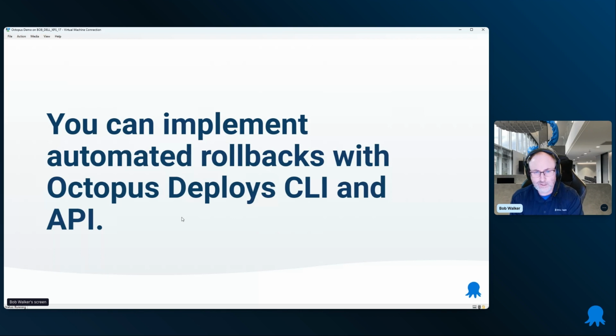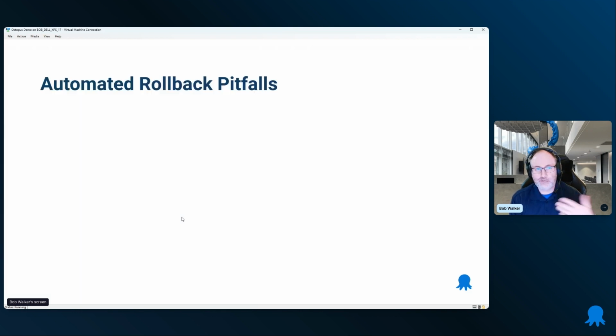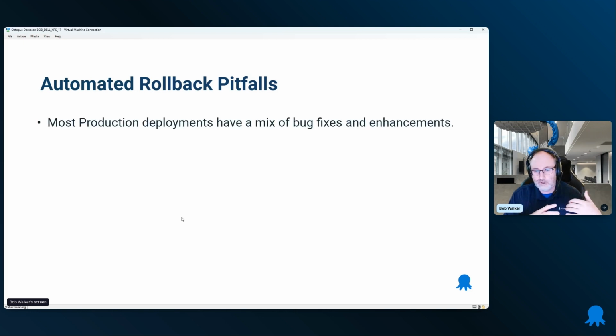The pitfall with automating your rollbacks is that unless you are doing 10 deployments to production a day, most production deployments, if you're deploying once a week, are going to have a mix of bug fixes, security enhancements, and new features, and you cannot pick a specific change to roll back unless you're using something like feature flags.